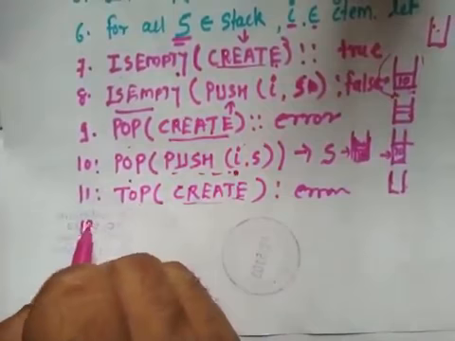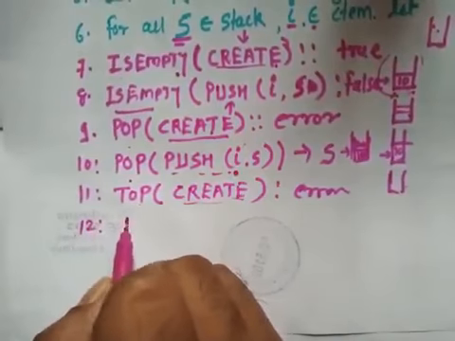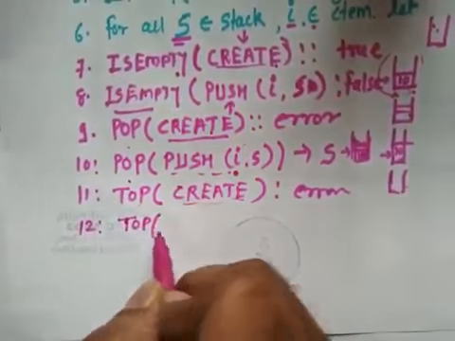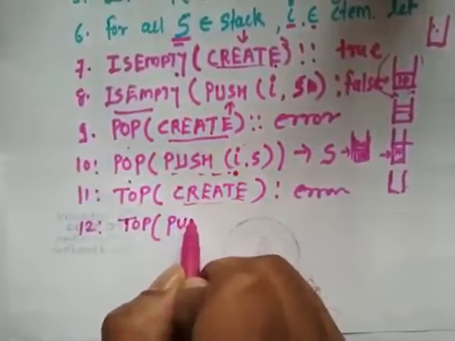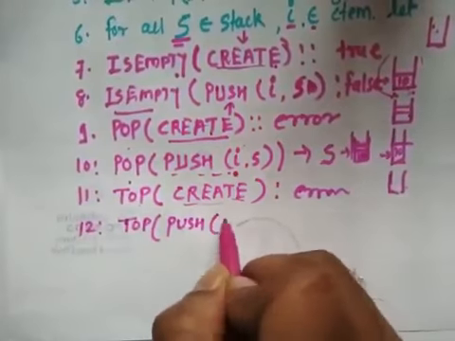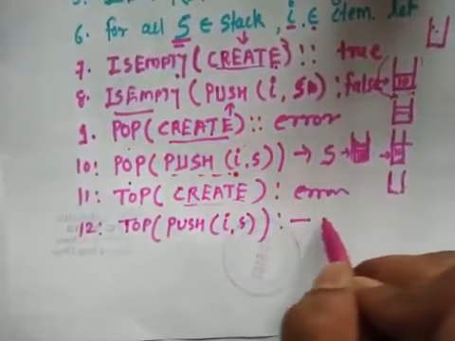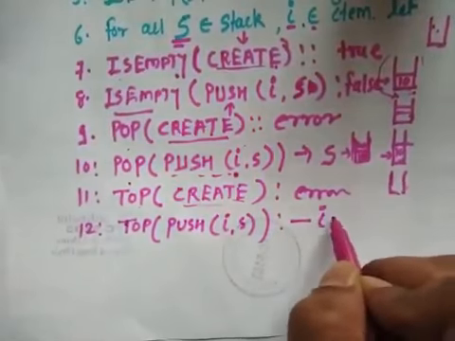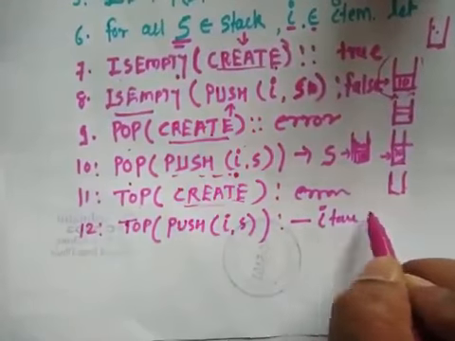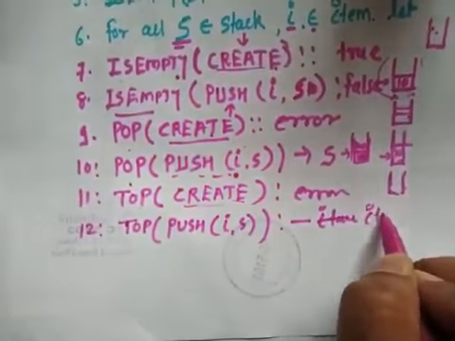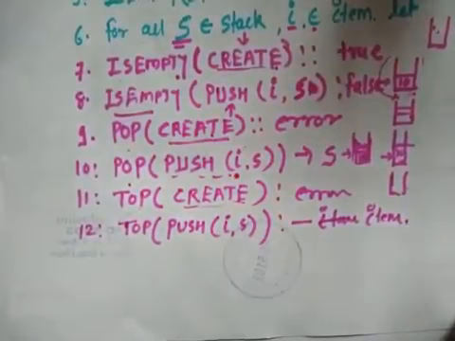Now the next rule: suppose I call the top operation and pass push to this top operation. It will take I and stack as input, and obviously it will return the topmost item I to the user.